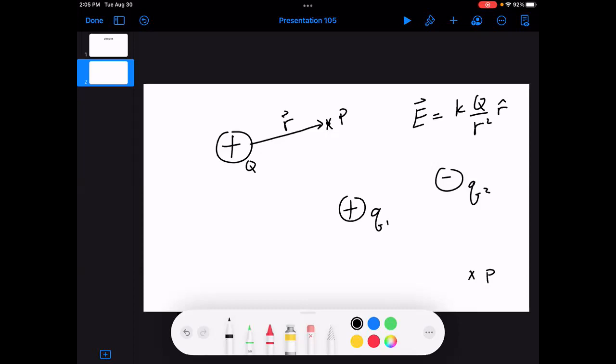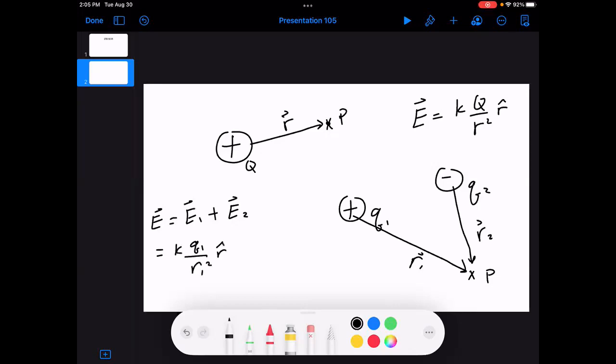So now the electric field at point P, that's going to be R1, that's going to be R2, that's an R, by the way. The total electric field will be the electric field of 1 plus the electric field of 2. And so we're going to have KQ1 over R1 squared in the R1 hat direction, plus KQ2 over R2 squared, R2 hat direction.